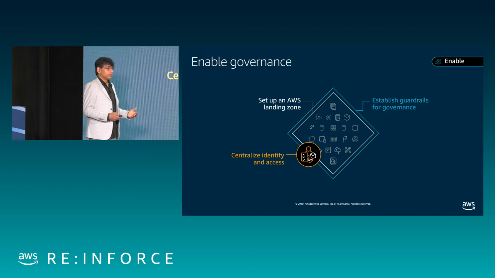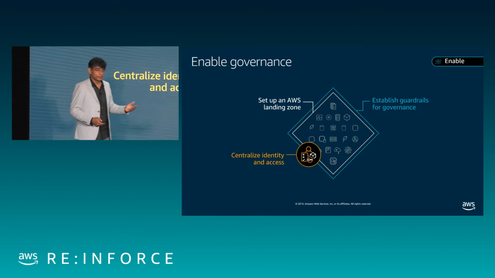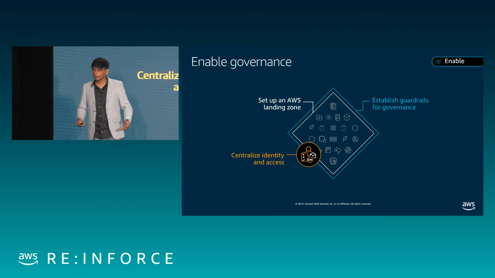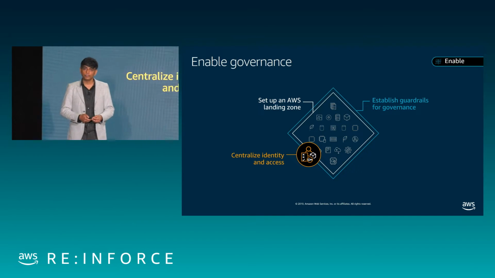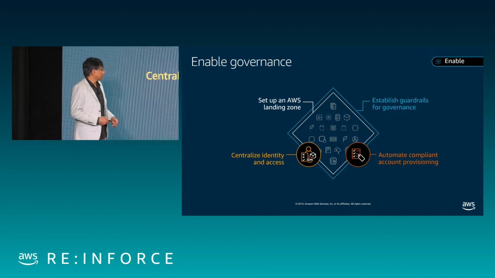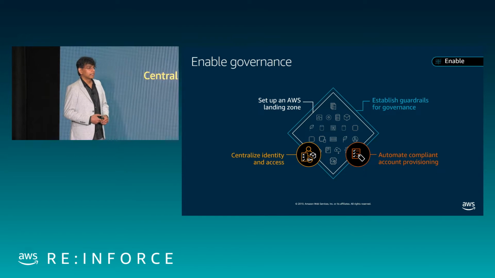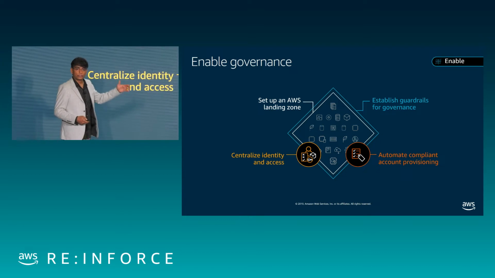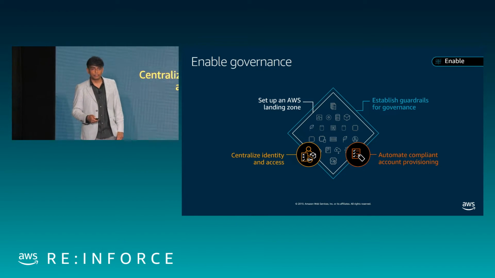It allows you to establish guardrails for governance, and that's enabling your environment for the policies that you want to implement across your accounts. And automating compliant account provisioning. Now we'll look into all of these in more detail.